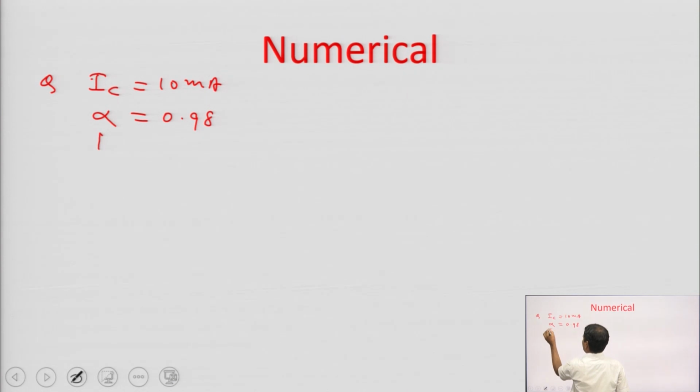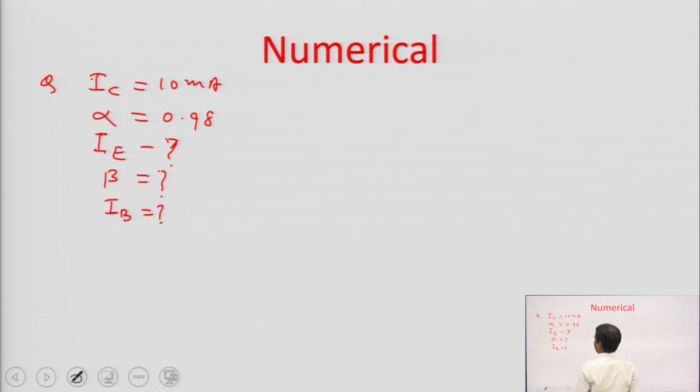Then we need to calculate IE, beta and IB. How will we proceed?